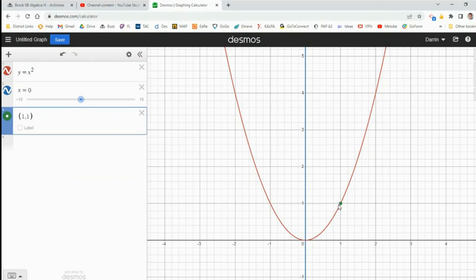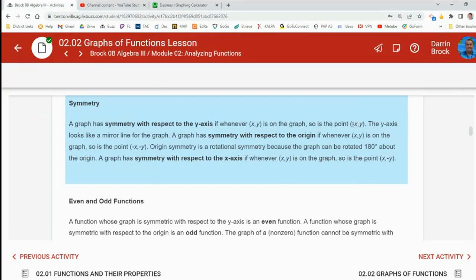That means we should also have negative 1, 1 on the graph. And we do. So if we have x, y, we should have negative x, y. So since x is 1, if x is negative 1, we also have the same value of y. All right? Negative x, y will exist if it's symmetric to the y-axis. The y-axis is like a mirror line.